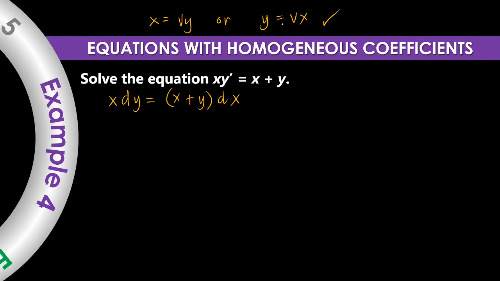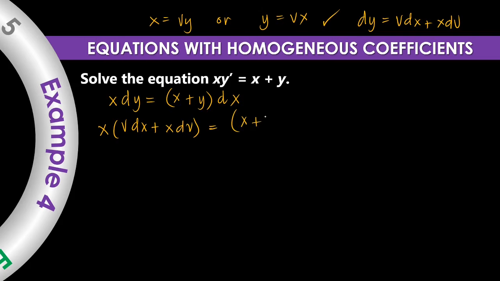So we will replace y with vx and replace dy with v dx plus x dv. Now, x, then dy will be replaced with v dx plus x dv equals x plus here, y will be replaced by vx and then the multiplier dx.